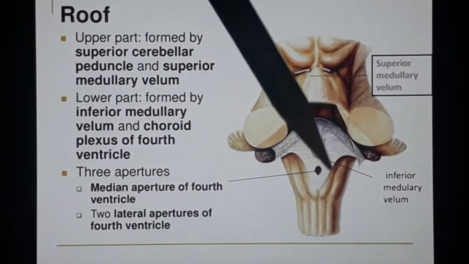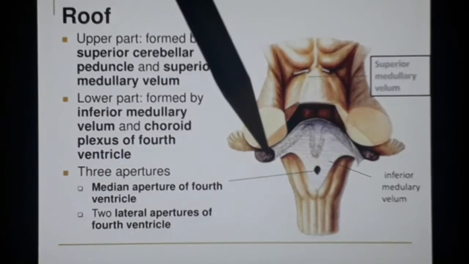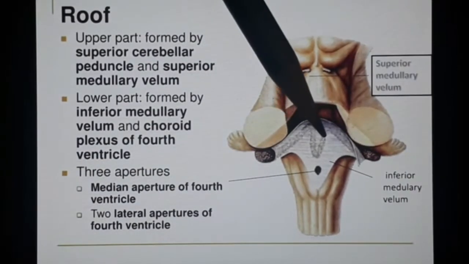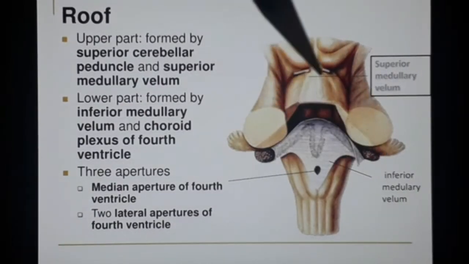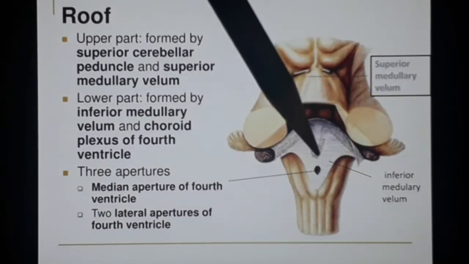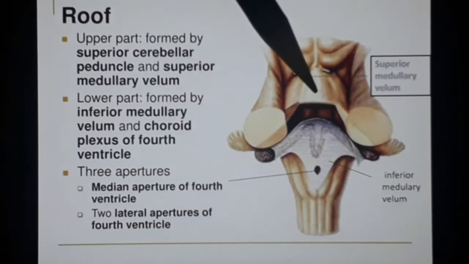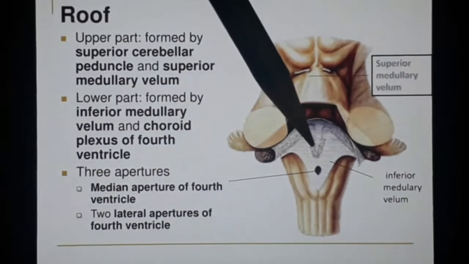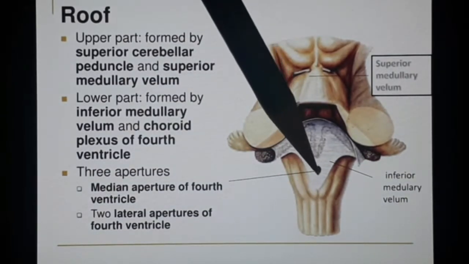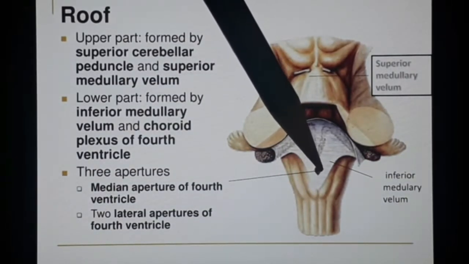This together is known as the inferior medullary velum. So the entire roof, which is tent shaped, is formed by two sloping surfaces, the superior medullary velum and the inferior medullary velum. The inferior medullary velum centrally has an opening known as the median aperture.